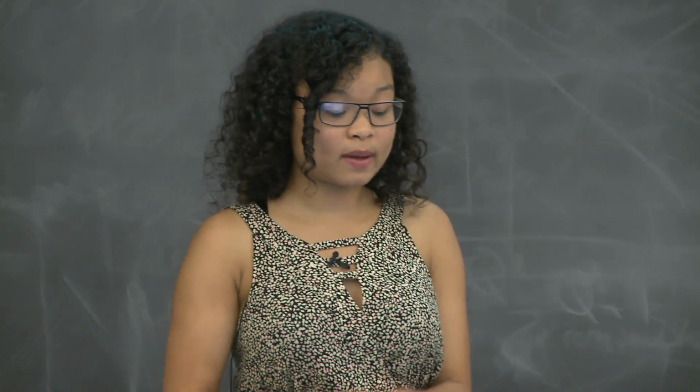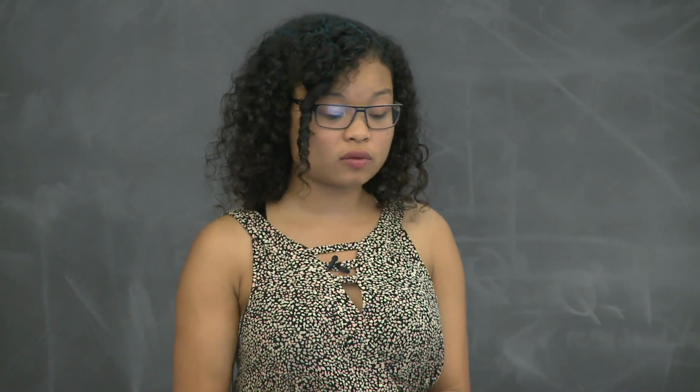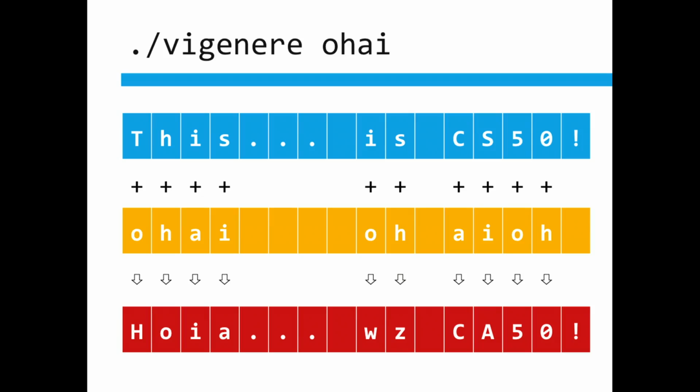Okay, so let's map this out. We have a plaintext that we've gotten from the user from get_string saying "This is CS50." Then we have a keyword of "ohhi". So the first 4 characters are pretty simple.